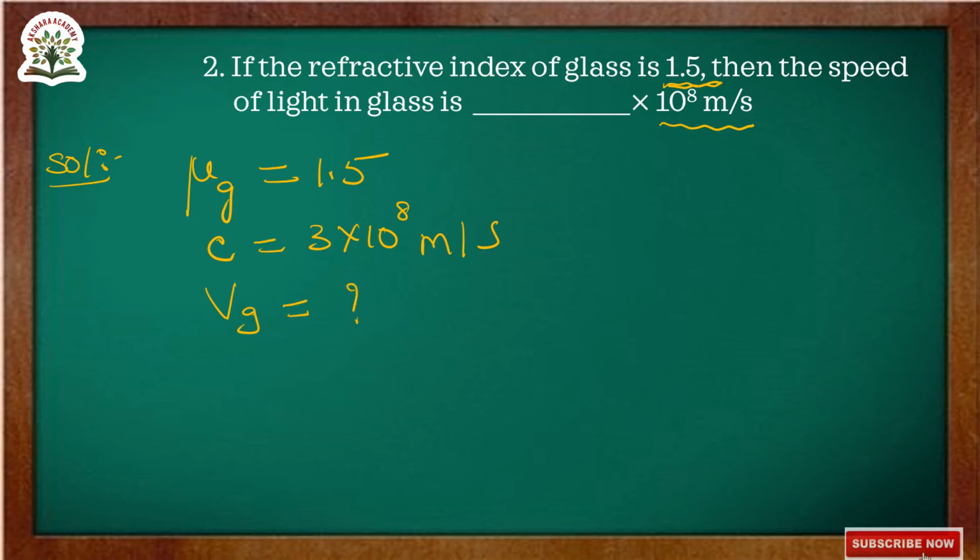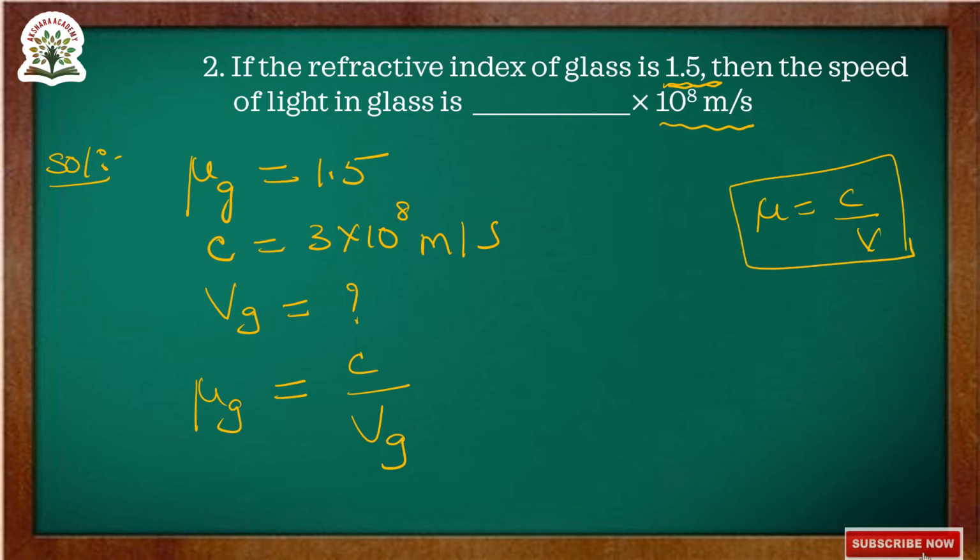So here mu g is equal to c by Vg. The general formula is mu is equal to c by v. With respect to glass, mu g is equal to c by Vg. Mu g is given as 1.5 and c is equal to 3 into 10 to the power of 8.